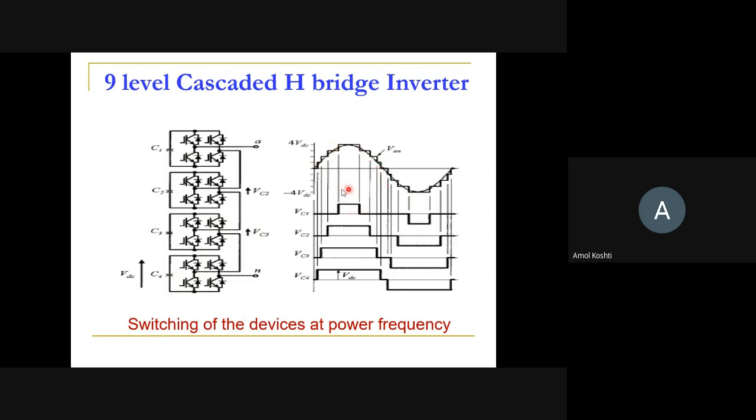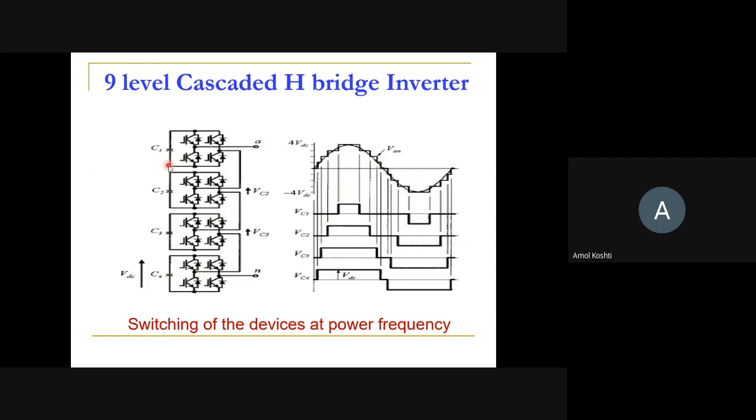Now, how are the pulses produced? What are the different combinations? You can see this. As I told you, instead of this DC voltage source, capacitors can also be used as a source at the input side. Here you can see C1, C2, C3, C4 at the input side. Assume VDC is the full input voltage for every bridge.